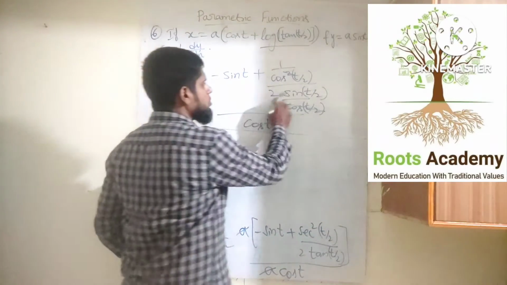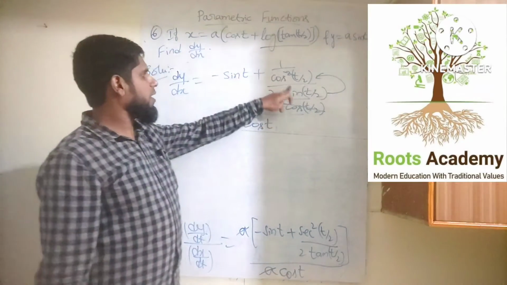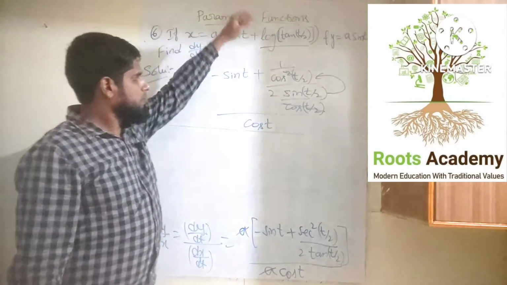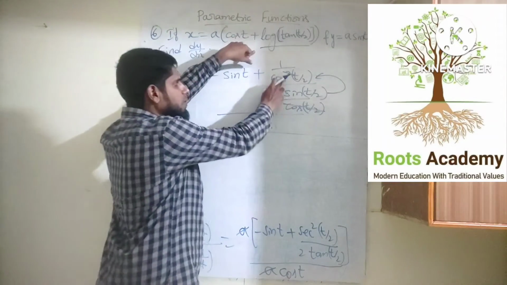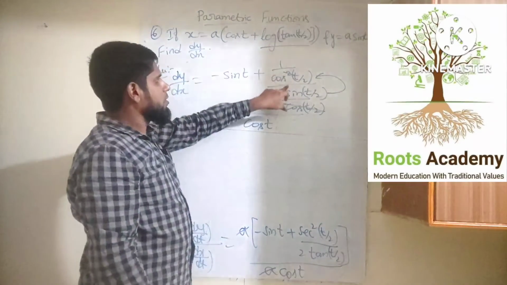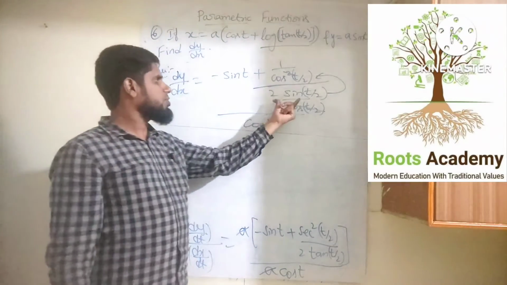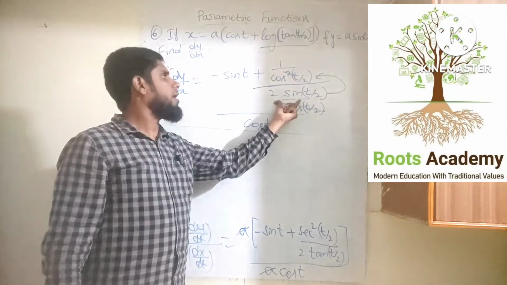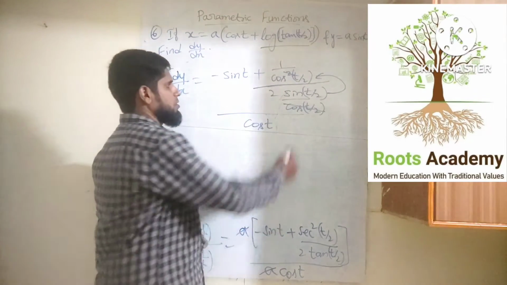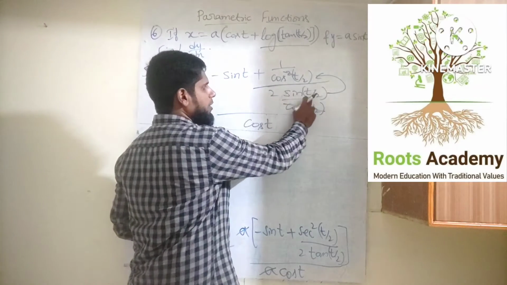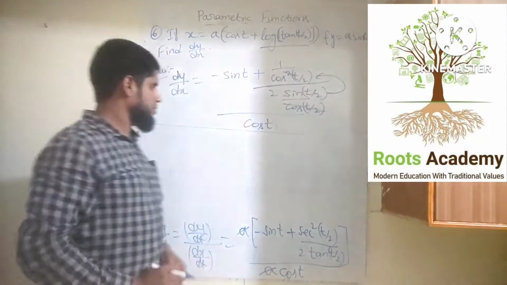Now this 2 sin t by 2 will multiply to this, because this is divided with this, isn't it? It is whole divided. So the denominator's numerator will multiply with the numerator's denominator. With this, 2 sin t by 2 gets multiplied to cos t by 2.